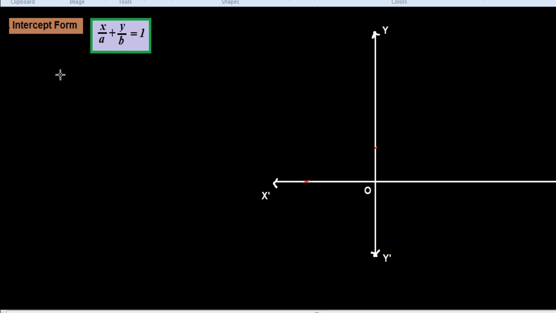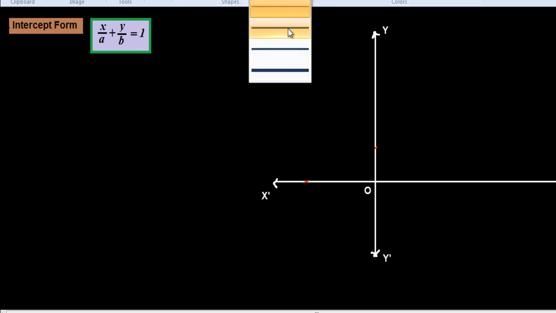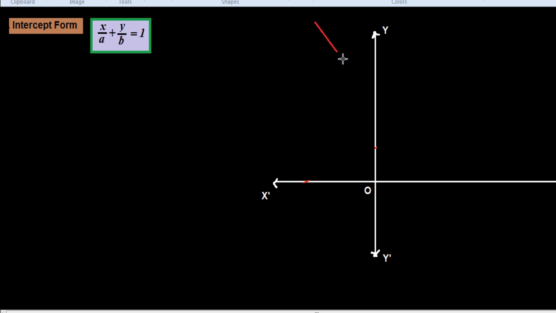Now we see the intercept form, which is x over a plus y over b is equal to 1. Let us draw a line here. This one is our line, whose equation we have to find out.